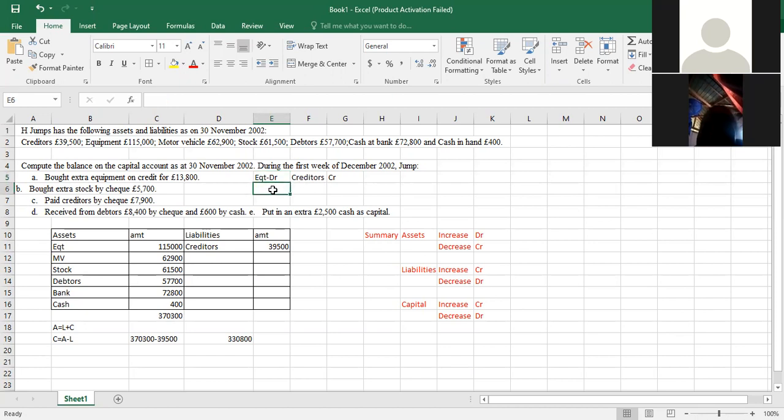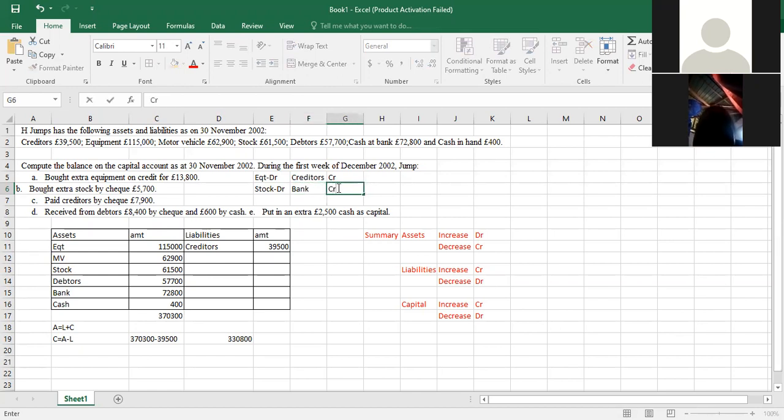We go to the second transaction, bought extra stock by check. So stock is a current asset. So what happens to assets when they increase? Again, we debit. Then our bank account, because we are paying by check, will decrease.